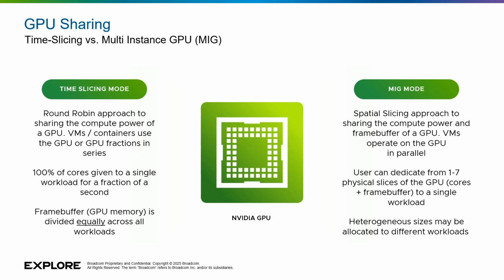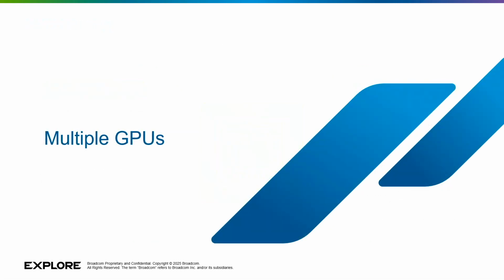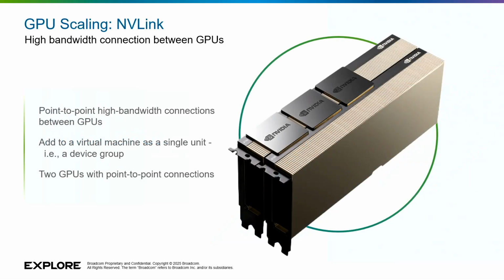Good slide. Okay, what about multiple GPUs? That situation comes up a lot, especially as we have bigger and bigger large language models that need to consume these GPUs. There's a couple of different ways to do this. The underlying technology is called NVIDIA NVLink.